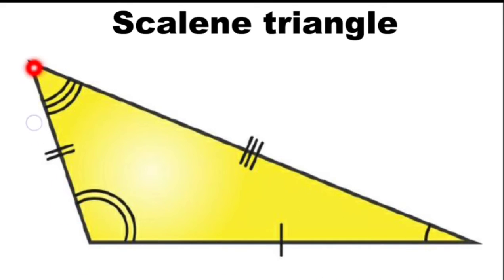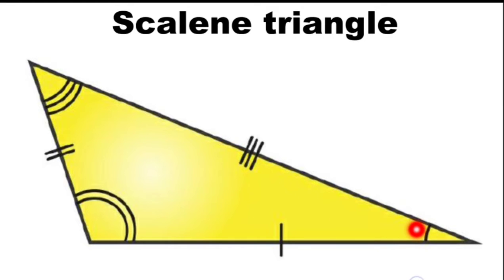This is your second side, marked with two lines here. And this is the third side, marked with three lines here. So as you can see, each has a different mark. This means that the lengths of all these three sides are different. They are not of the same measure.